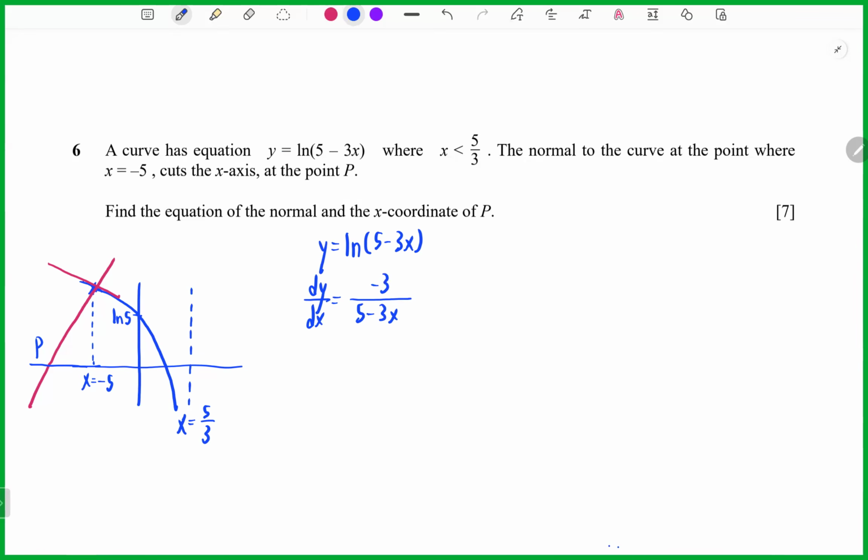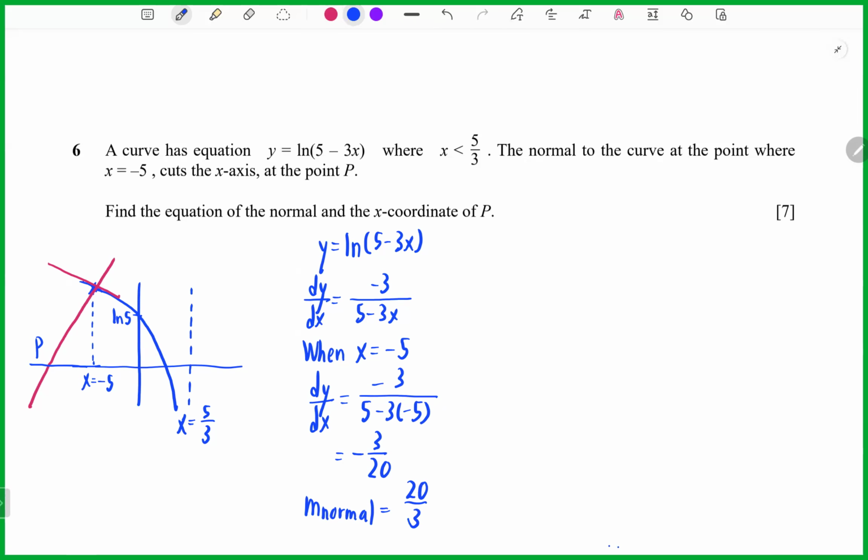So when x equals to negative 5, dy dx will equal to negative 3 over 5 minus 3 times negative 5, which is negative 3 over 20. If we want to find the gradient of the normal, you should change to 20 over 3.